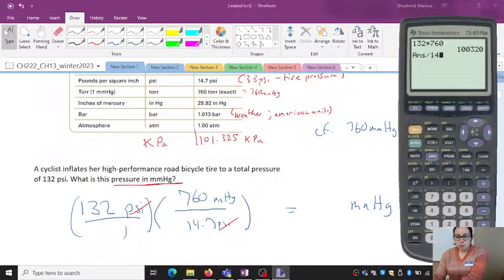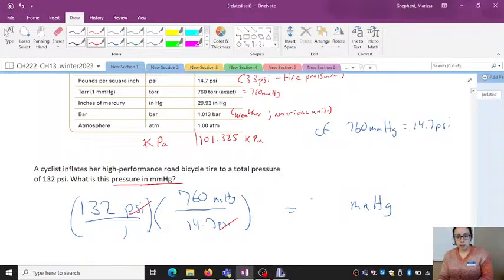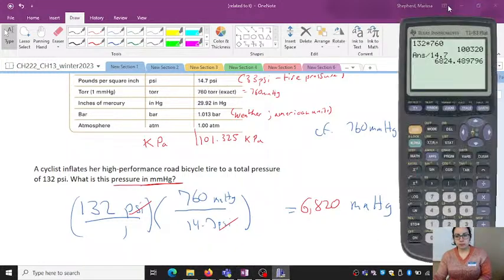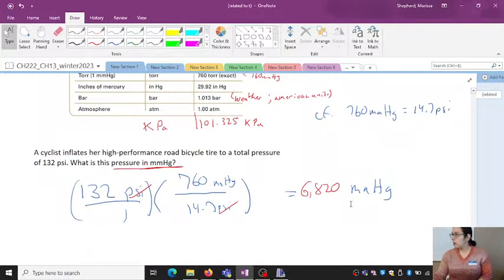Divided by 14.7. So then do we get this answer? I see a lot of nods. And we have 3 sig figs, so it looks like we'll round to 6,820 millimeters of mercury. Any questions on that one?